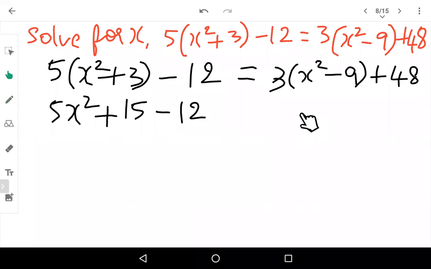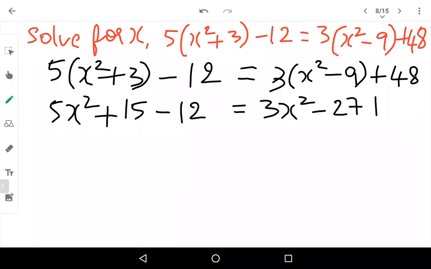Now let us go to the right hand side expression, that is 3 into x square minus 9. I have to multiply 3 to this expression. So 3 into x square is 3x square. 3 into 9 is 27, but it is minus 9, so 3 into minus 9 is minus 27.